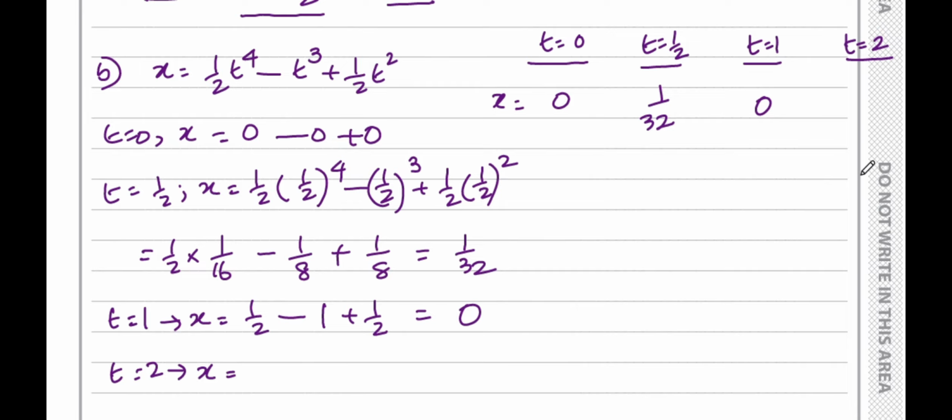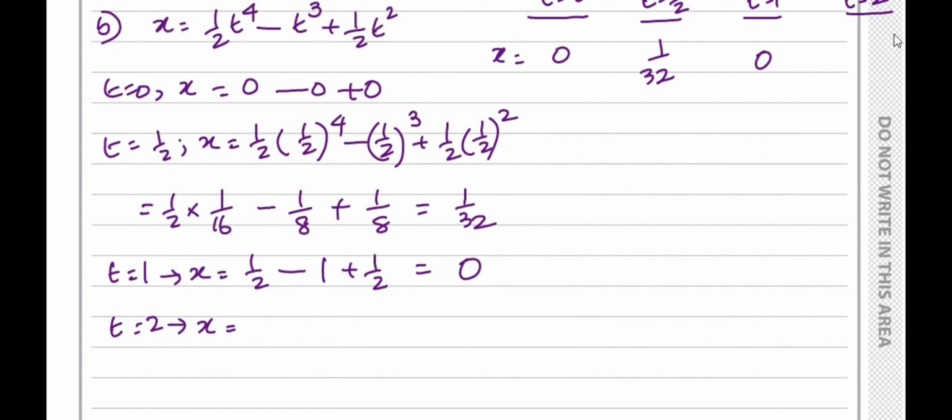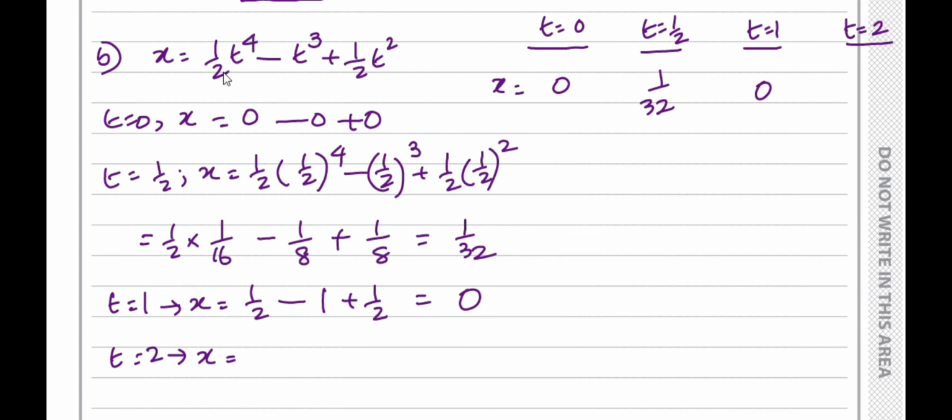So let's put in t is equal to 2 here. Half times 2 to the power of 4, which is 16, minus 2 to the power of 3, which is 8, plus half times 2 to the power of 2, which is 4. So overall it's going to be 8 take away 8 plus 2. So it's going to be 2 here.